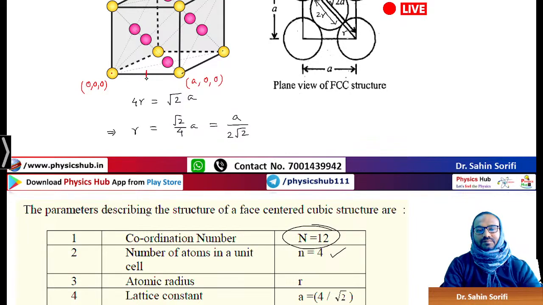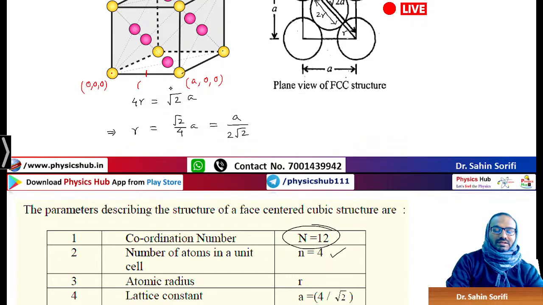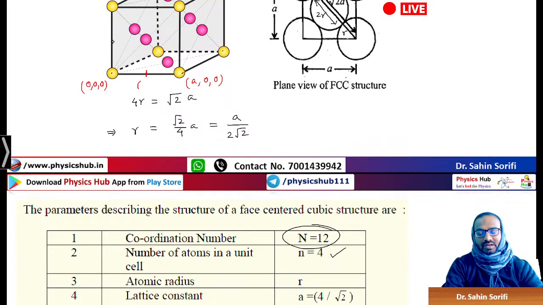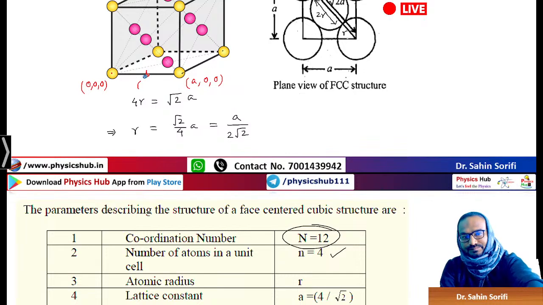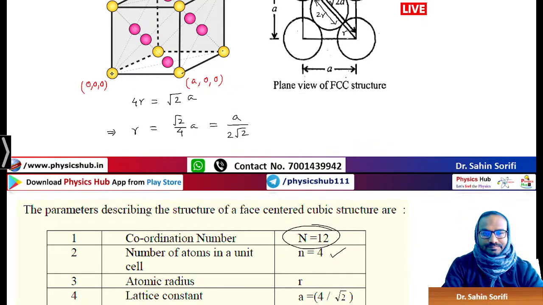So 0 a by 2 0 means it is talking about the point halfway along here.